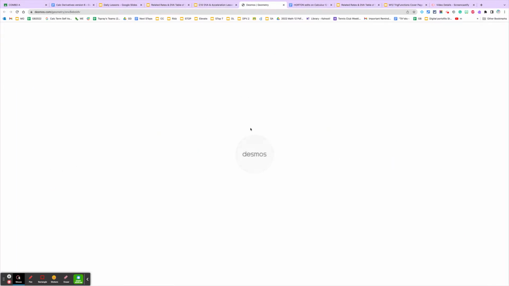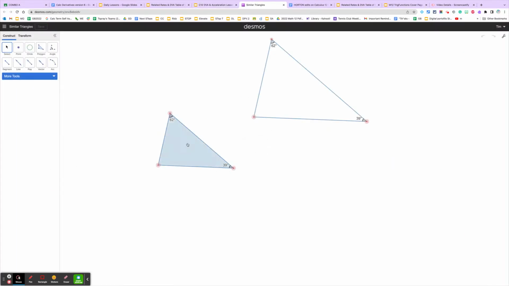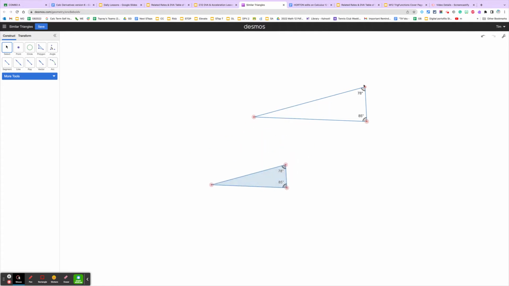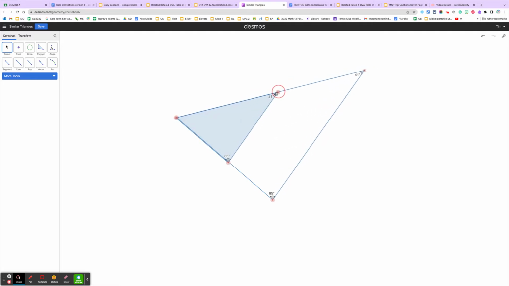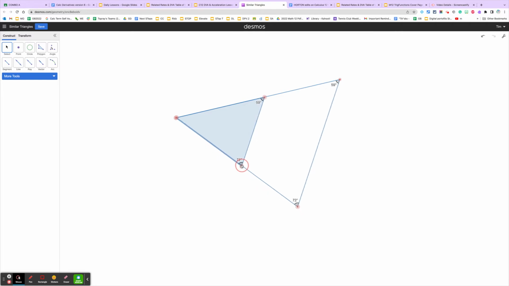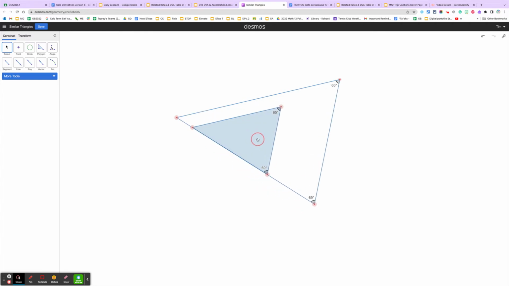Let's see if this Desmos helps. Yeah, this will help a little bit. So these triangles are similar, and if they're similar, these guys here, if I put that guy right in there, you could see that it's always going to fit in. Those angles would always be the same. So I could play around with the size of that. I could move this around here, and if I put that in there, you can see that this is always going to be parallel. And if we pulled this guy out, I don't know if I can move that.